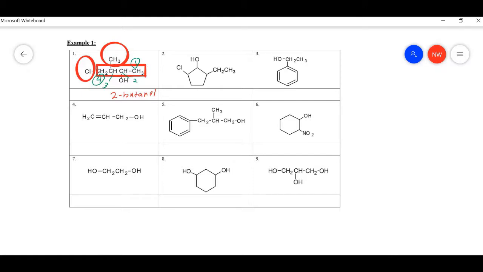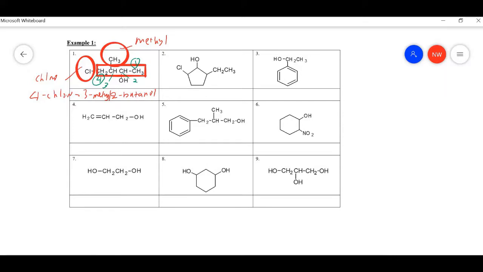Butanol disebabkan ada longest carbon chain adalah 4 karbon. And then as you can see here, methyl group duduk pada position yang karbon yang ketiga. Chlorine duduk pada position karbon yang keempat. So penamaan dia akan jadi ikut alfabet 4 kloro, 3 metil 2 butanol. So 4 kloro 3 metil 2 butanol.